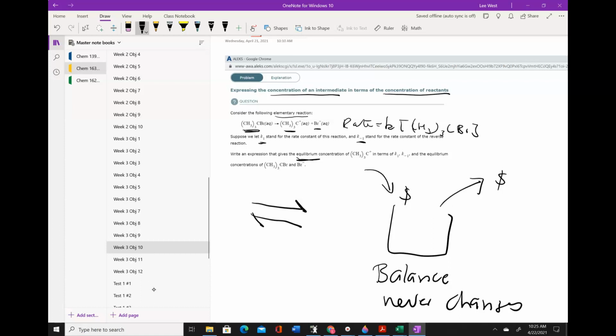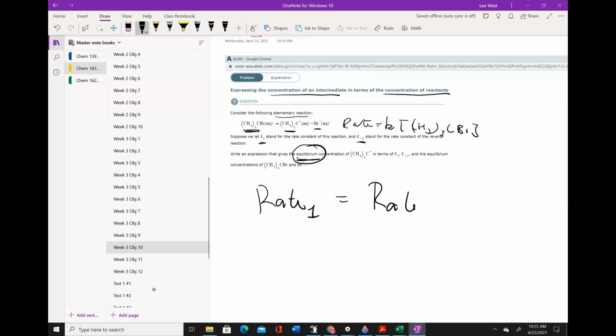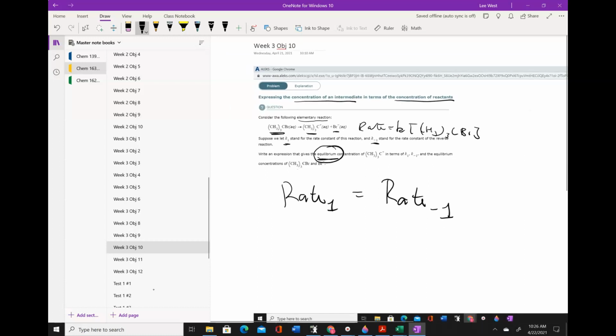So in this situation where we talk about things being in equilibrium, we're saying that the products are being formed just as quickly as the products are being converted back into the reactants. So the rate of the forward reaction, we're going to call it rate 1, is equal to the rate of the reverse reaction, which we're going to call rate minus 1.